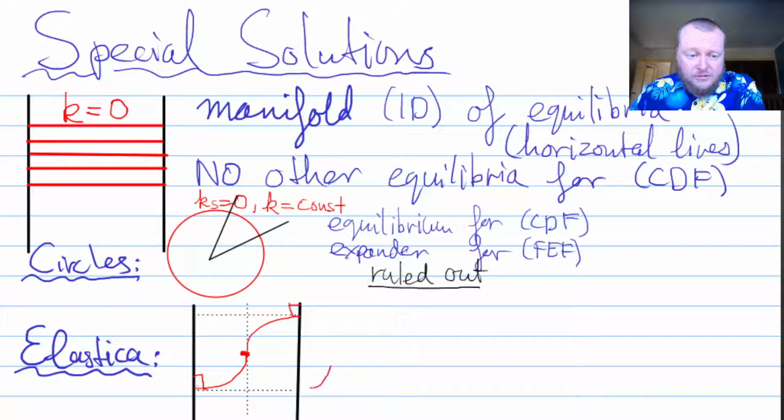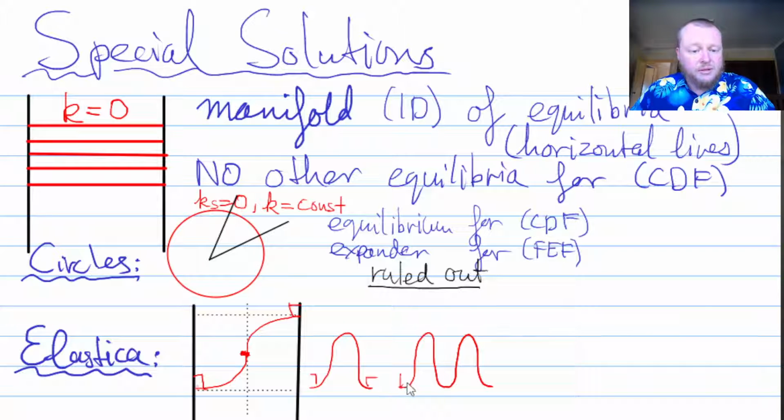So you can have things that look like this, which is one whole period of this elastica. Or you can squish it up even more and have many, many periods of this curve.